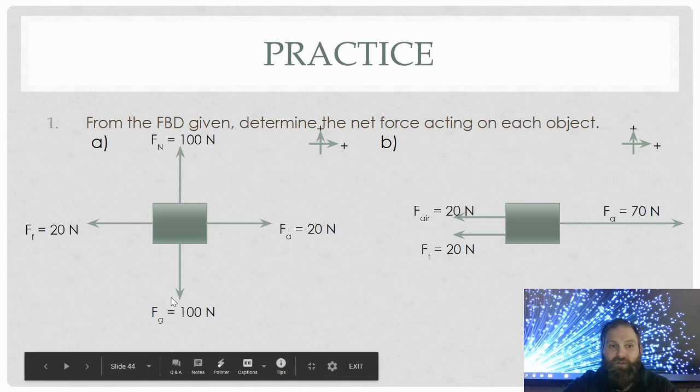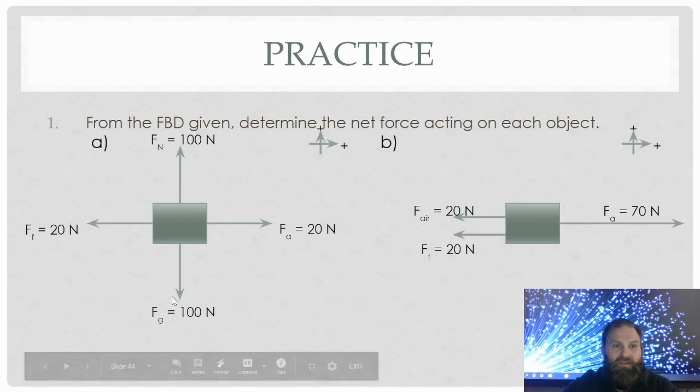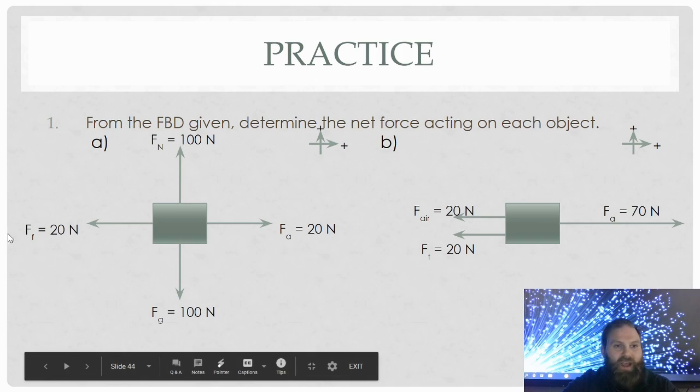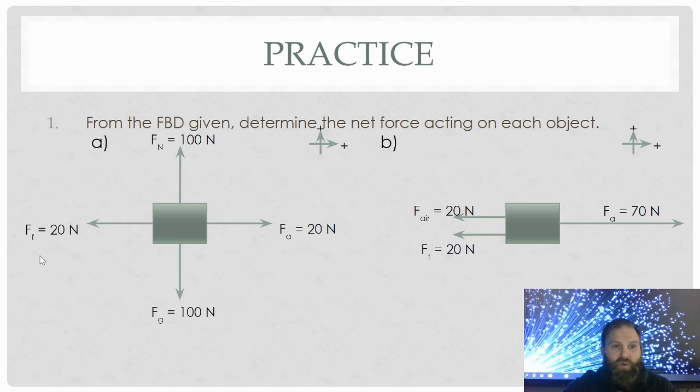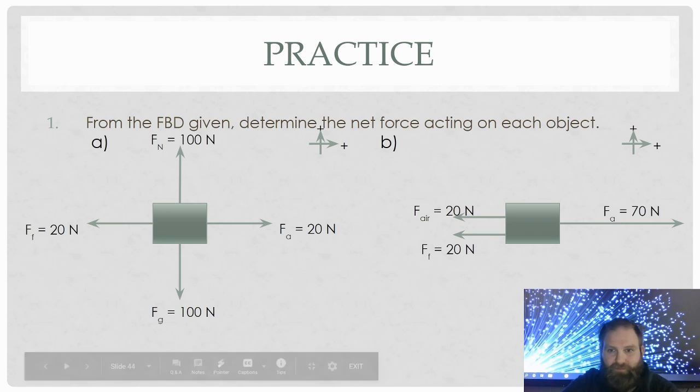Those cancel out, so we have 0 newtons in the up and down direction. Now we look at the x direction. We have 20 newtons right of applied force and 20 newtons left of friction force. So again, 0. The net force on this object is 0, which means it is either not moving or moving at a constant velocity, but the important thing is the acceleration is 0.